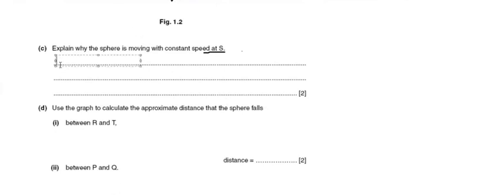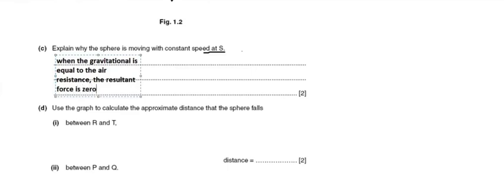So we can write down over here, when the gravitational force is equal to the air resistance, the resultant force, that is the total force, is 0, and the speed becomes constant.